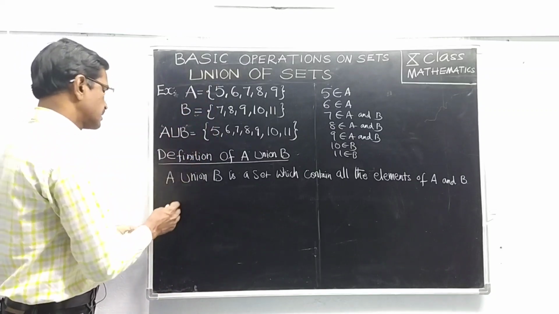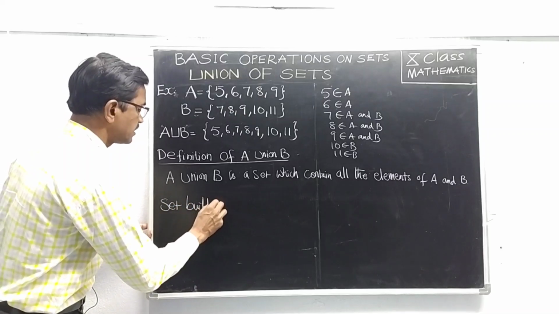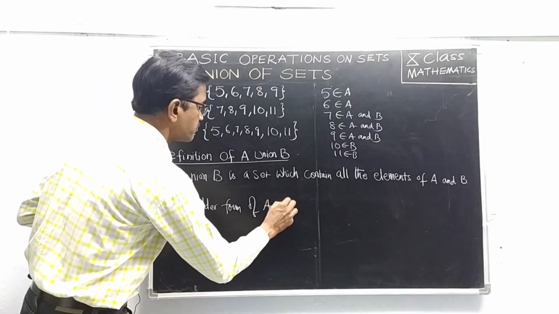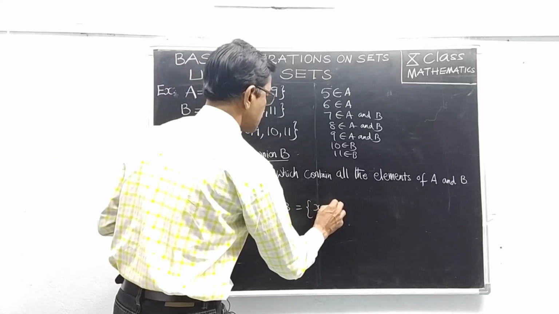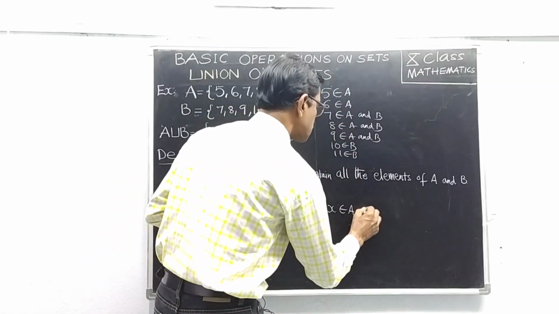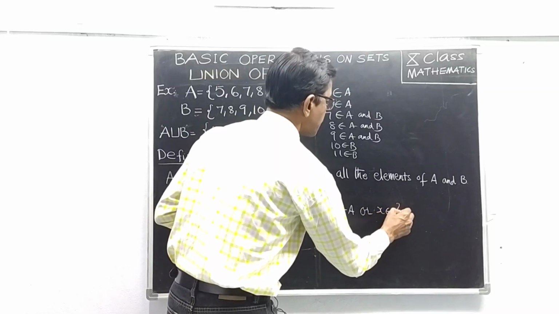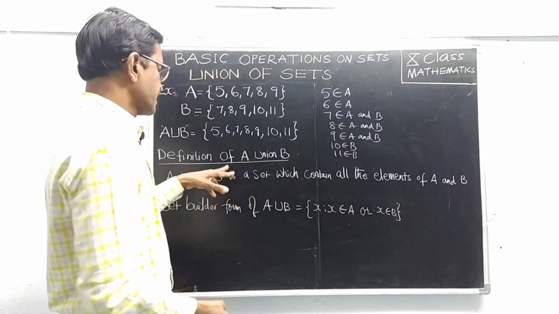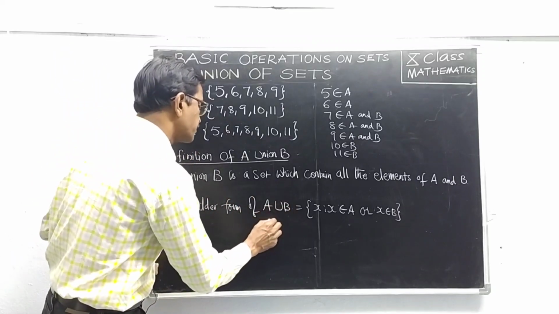So, let us write the set builder form of A union B, that is equal to x such that x belongs to A or x belongs to B. Either it belongs to A or belongs to B. The symbol U means union.